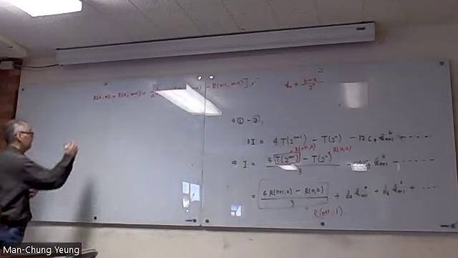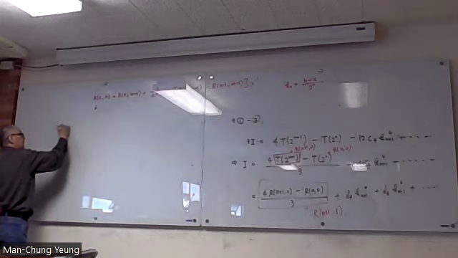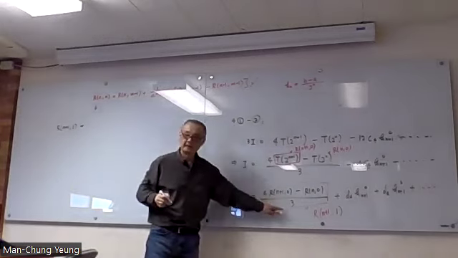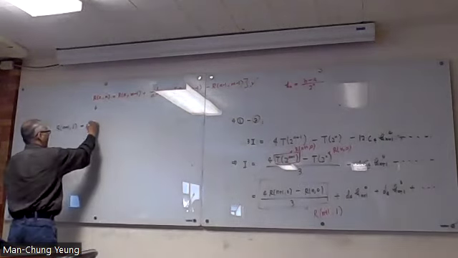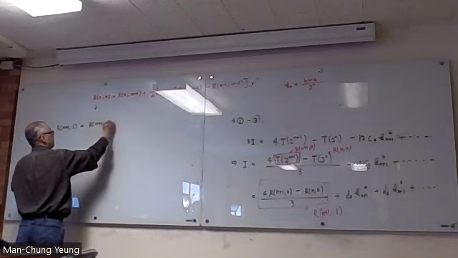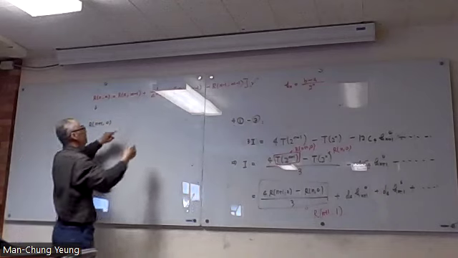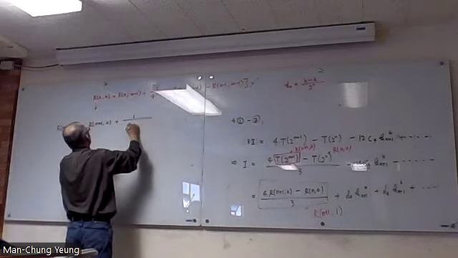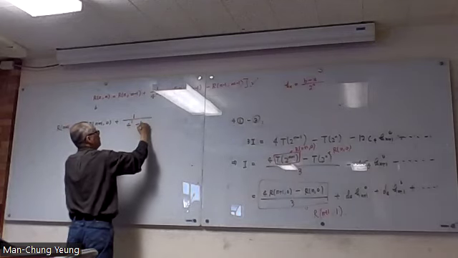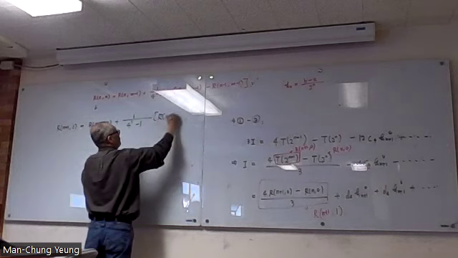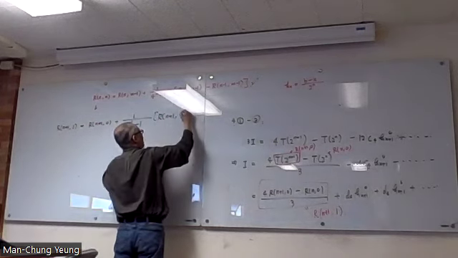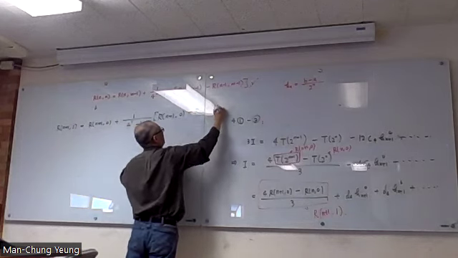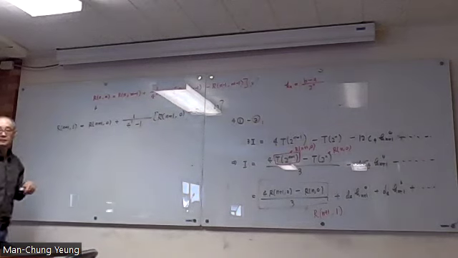In this formula, set n plus 1 and n. Let me see if I can get this. This is R_{n+1,0}, and m is 1, so 0. So here plus 1 over 4 to the 1 minus 1, then R_{n+1,0}, then m is 1, so 0, minus R_{n,0}.